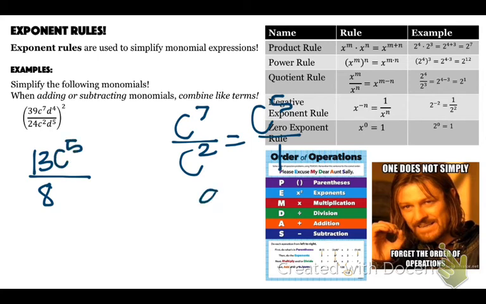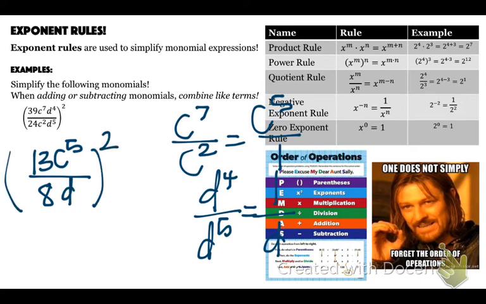And then we have 4 D's on top and we have 5 on the bottom, which means I'm just going to be left with 1 in the bottom. And this whole thing is squared. This is a little bit easier to square than the one before, right? So 13 squared is 169, so 13 times 13 is 169.